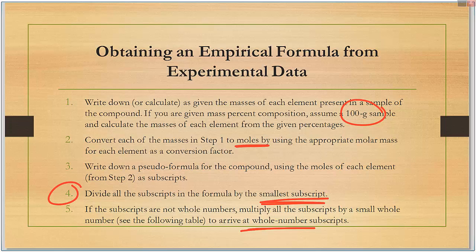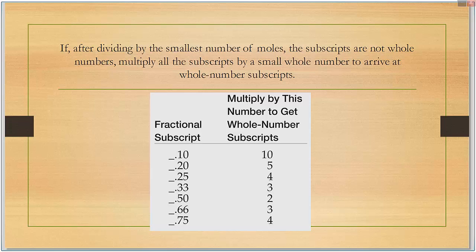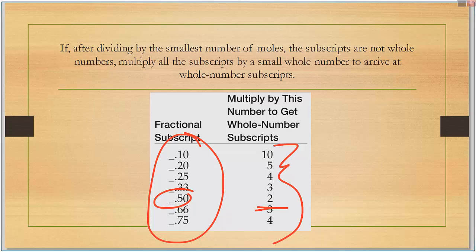Alright, so if you're given a subscript, or if you have a decimal place, for instance, we have 0.5 there several times. We had to multiply it by 2. This chart helps you realize what number you're supposed to multiply everything by. It's just a little cheat sheet. If you think you might have a problem with this, then you might want to take some time and look it over and see how it's worked out.